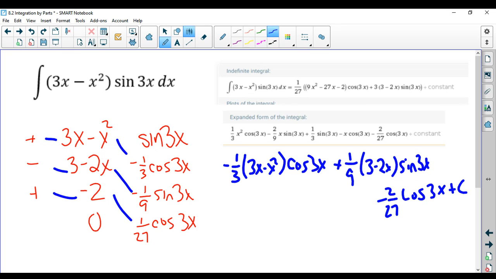That's it. So check on Wolfram Alpha, plus c, minus 2/27 cosine of 3x. That's good. Plus 1/9. All right, so here's the Wolfram Alpha.